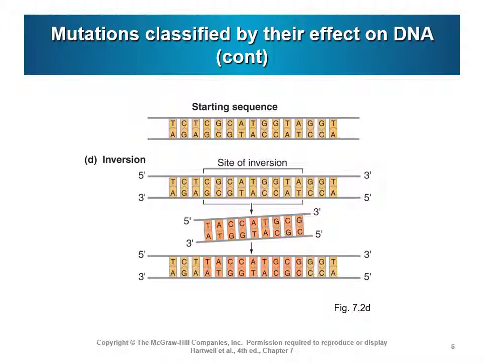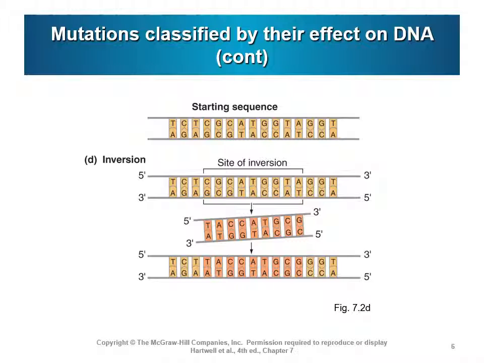Here is a visualization of the fourth type of mutation, inversion. The first picture is the original sequence, where starting from the fourth nucleotide it is CGCATGGTA. When the mutation takes place, it rotates this by 180 degrees, so we end up having TACCATGCG instead.